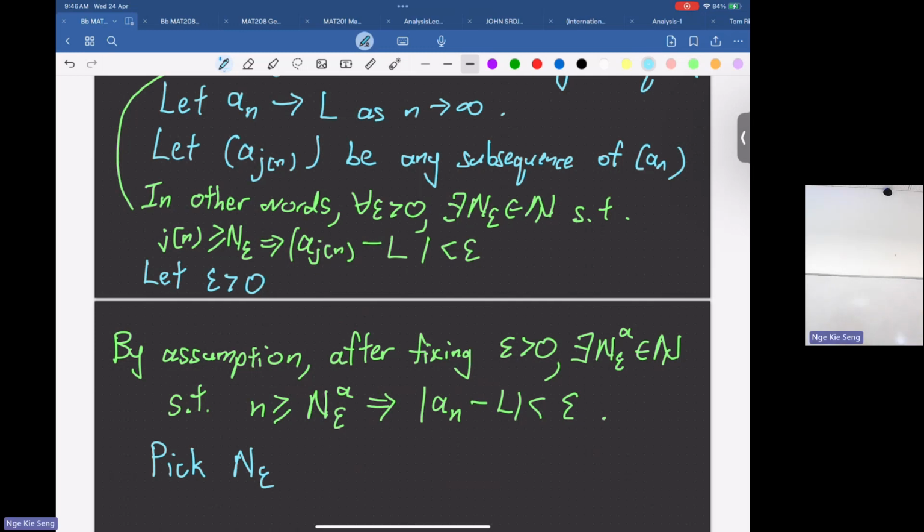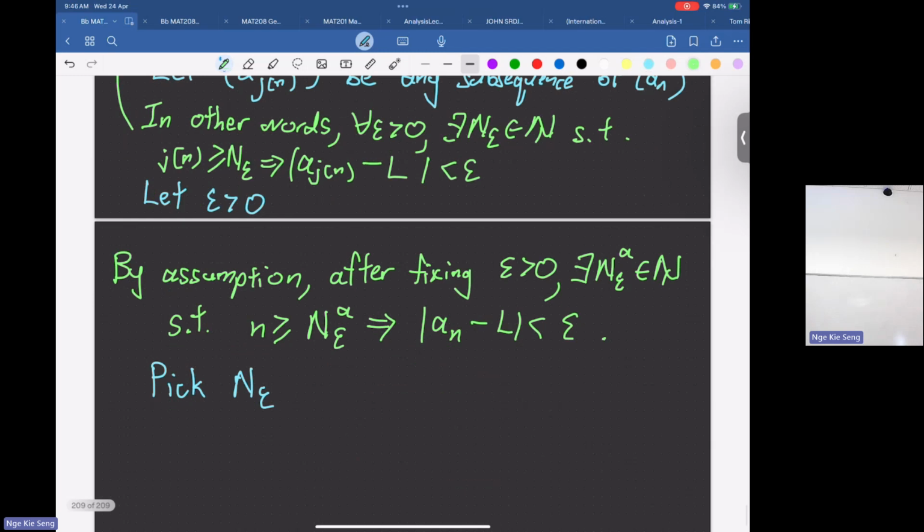You should imagine in your mind. So you need to turn this inequality into a picture. Otherwise, you don't know what they are doing.